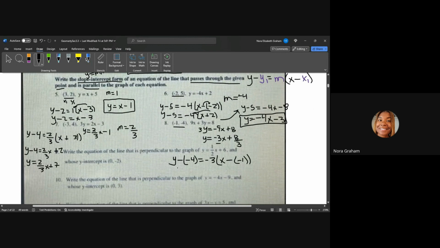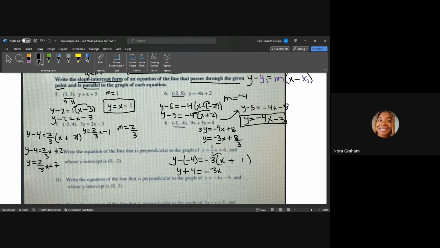A negative times a negative gives me a positive, so I have y plus 4 equals negative 3x. Just because I'm running out of room, we notice that this will become a positive because a negative times a negative, again, is a positive. I'll get rid of that extra parenthesis too when I do this. So this will turn into a positive.